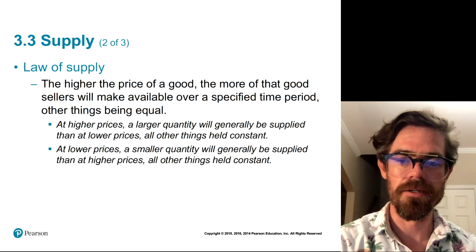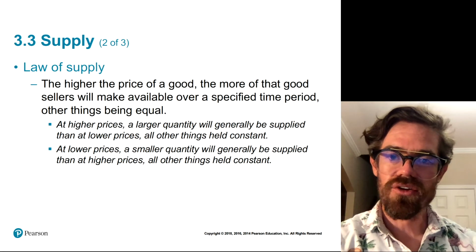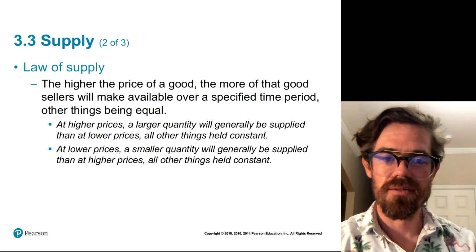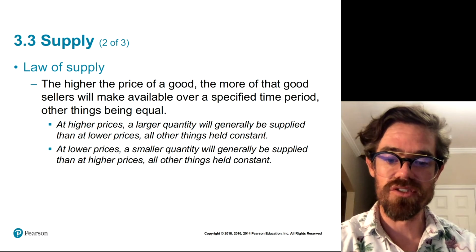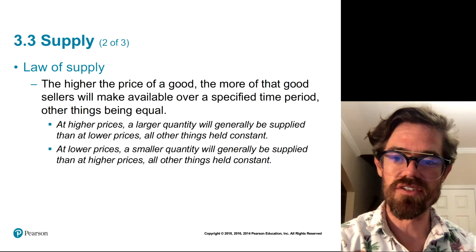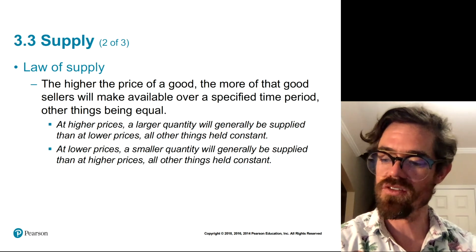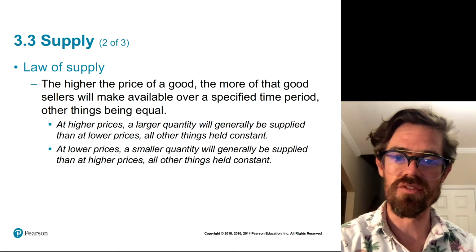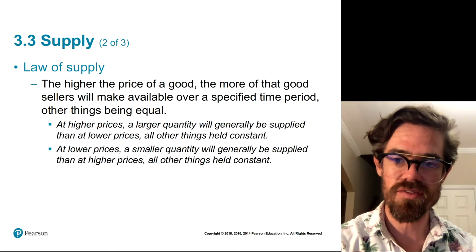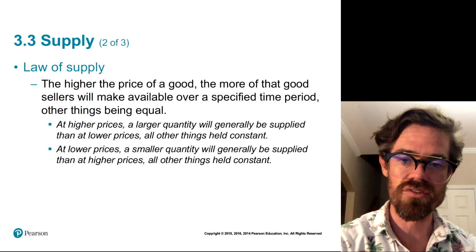Now, it can be a little harder to relate to supply because most of us are not suppliers. Most of us are demanders. So it can be easier to relate to the law of demand. It makes sense for most students and is intuitive for most students.